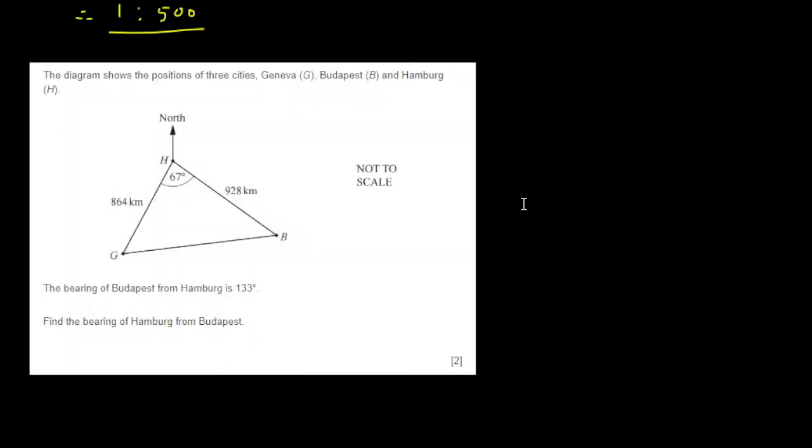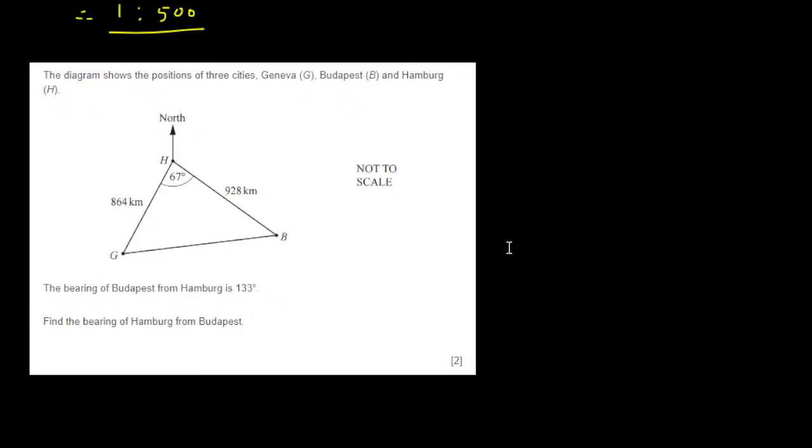Now fourth question. Question number 4, the diagram shows the position of three cities: Geneva, Budapest, and Hamburg.